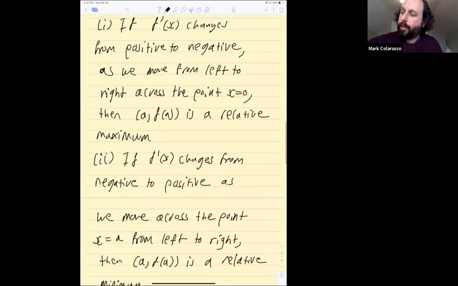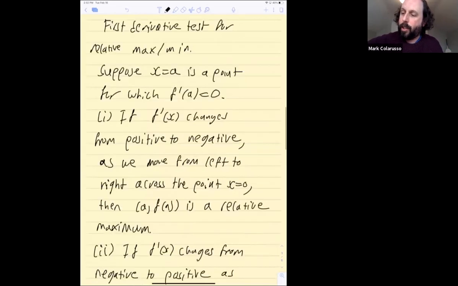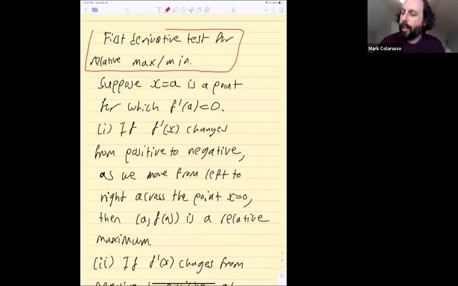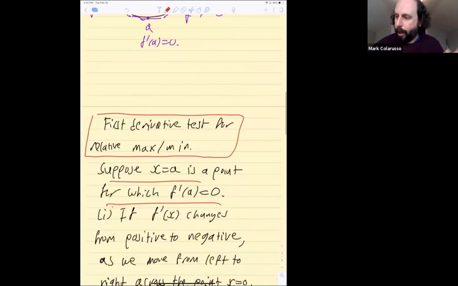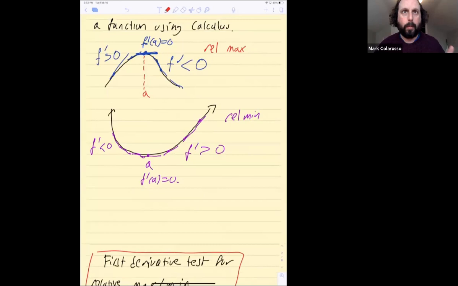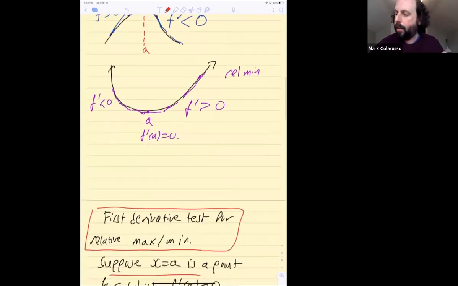So this first derivative test gives us a very nice way of finding a local max or min, a relative max or min. You look for a point at which the derivative is 0, and we can do that using some algebra, and now we know how to take derivatives, so we're going to be good. Because if you have a max or min, the tangent line has to be flat there, as we saw in these pictures.